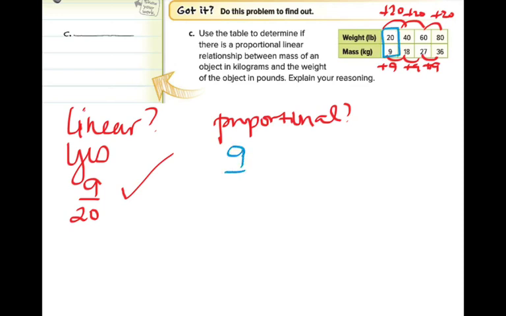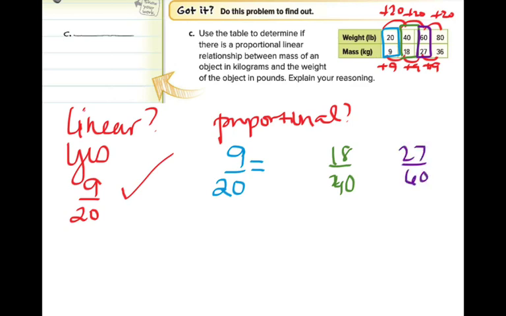So if I say 9 over 20, now when you're trying to decide, you do the x over the y or the y over the x. Honestly, when you're determining if it's proportional, the order doesn't matter other than you need to stick with the same order. So if I did mass over weight, I need to do mass over weight every time. So I would have 18 over 40. And then my third one I'll try would be 27 over 60.